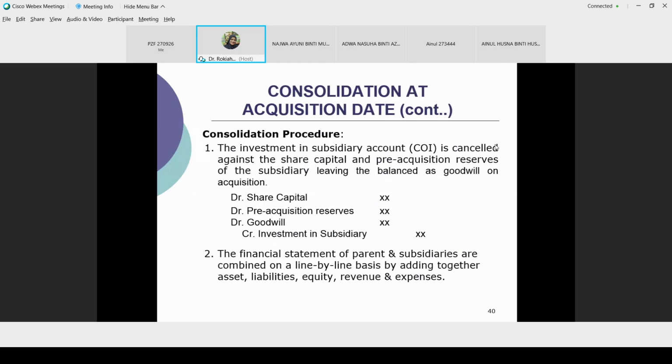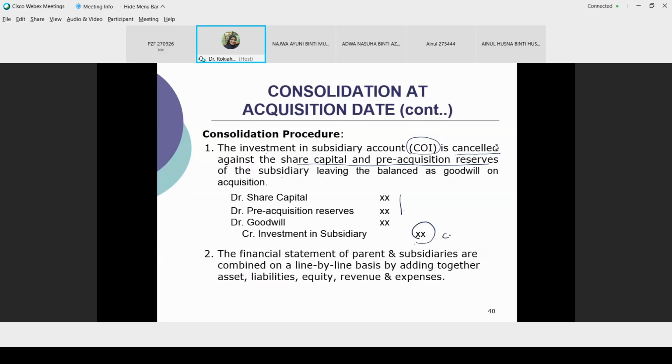The first thing you need to do is take the investment in the subsidiary account, which is COI, cost of investment, and cancel or eliminate it, along with the share capital and pre-acquisition reserve of the subsidiary, leaving the balance as goodwill. So you're going to debit here. This is your investment, COI.